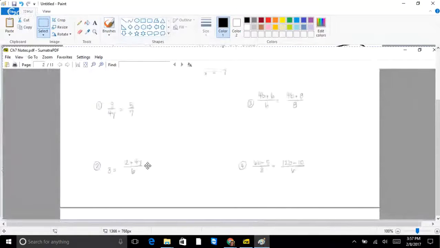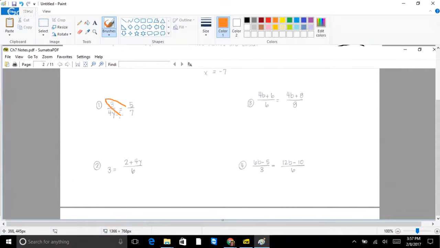Okay, so we have 3 over 4y, 3 is to 4y, as 5 is to 7. So this is a proportion because we have one ratio that equals another ratio, right? And we can solve this proportion by using our cross products. So we're going to do 3 times 7 equals 5 times 4y.